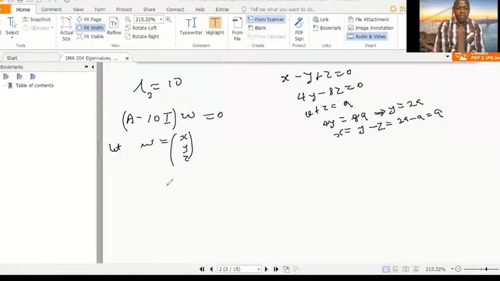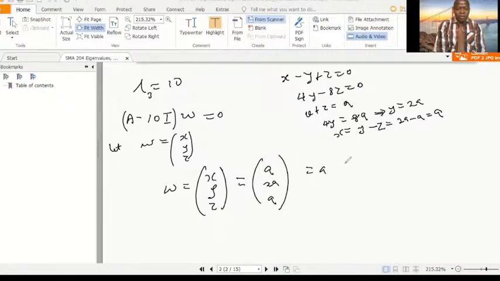So w, therefore, which was xyz, is x is a, y is 2a, and z is a. In fact, we can factor a out to have 1, 2, 1.